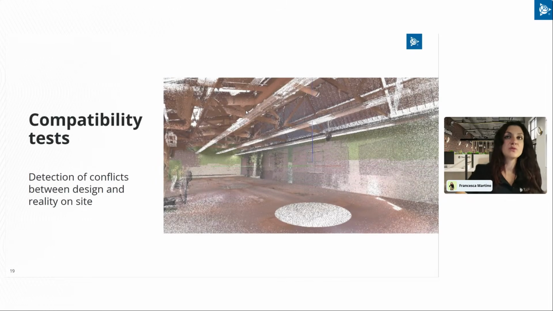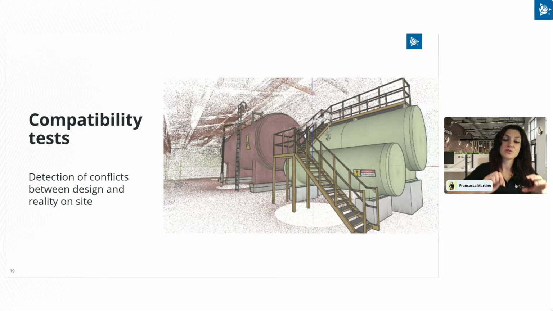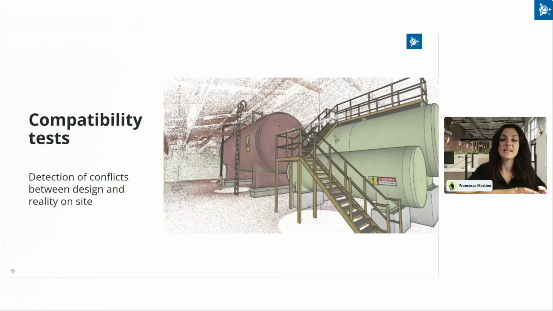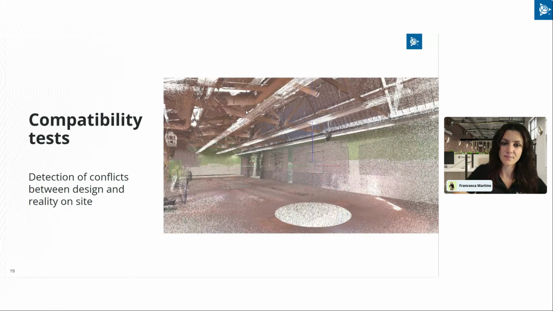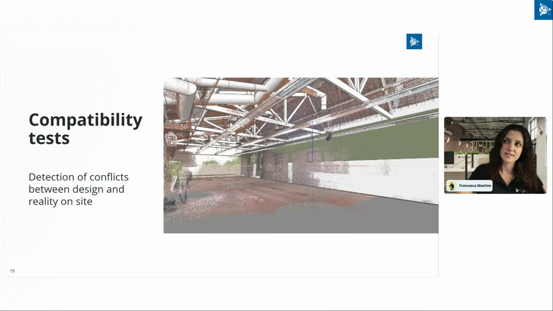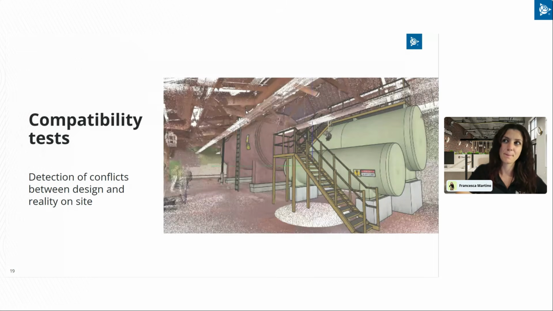And of course, we can use point clouds even for compatibility tests, to see how our design and our integrated addition to the model are going to fit compared to the existing. So using Scan Essentials can actually help in reducing and preventing errors.